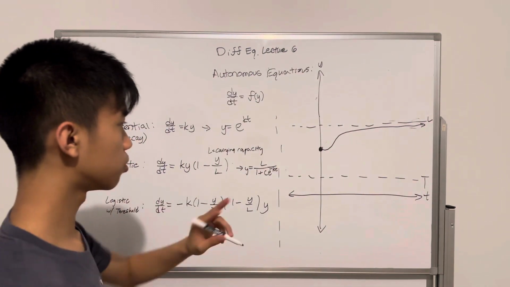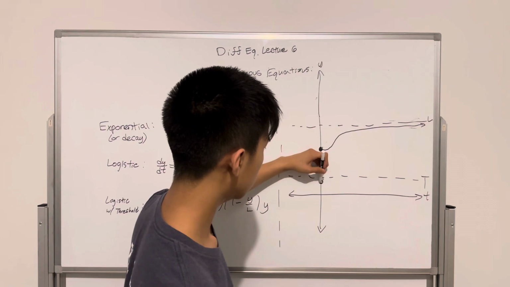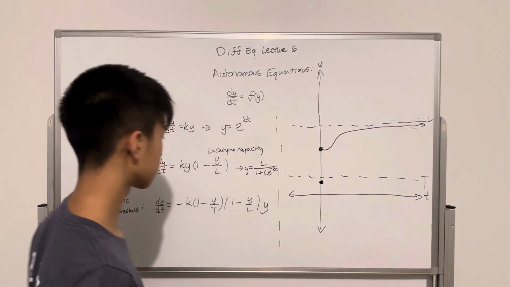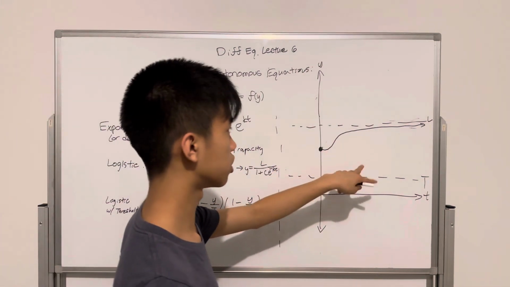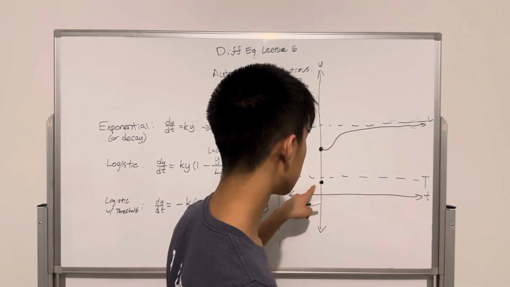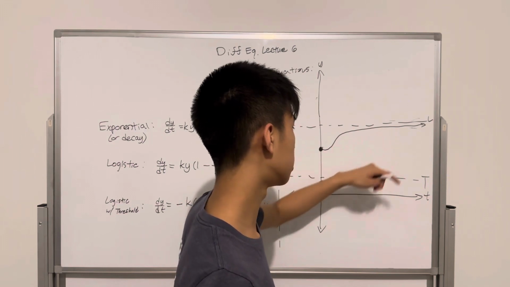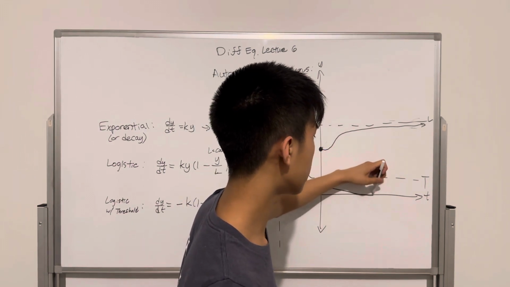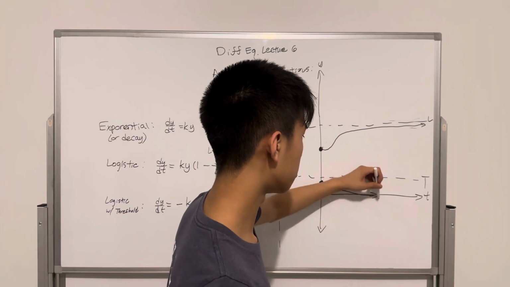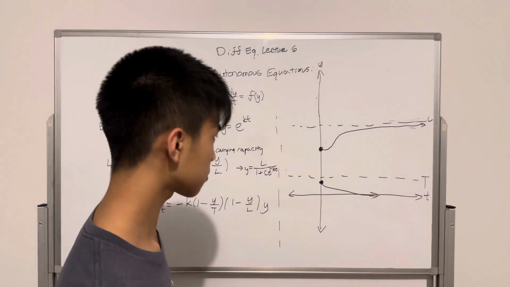However, there's also a threshold as well, where if you don't have enough of a population, like for example, let's say this is also another population of monkeys. Well, if you don't have enough monkeys to kickstart the population and reproduce to get into this golden zone, then you're just going to die out because there are not enough monkeys to reproduce and to allow the population to thrive.